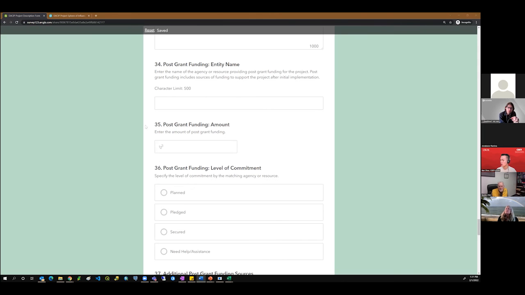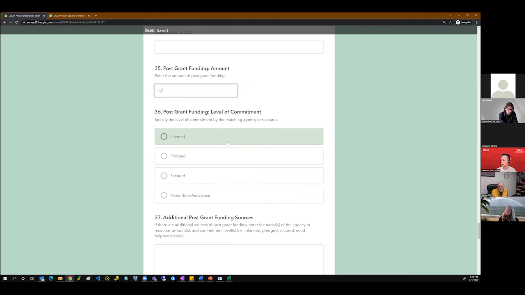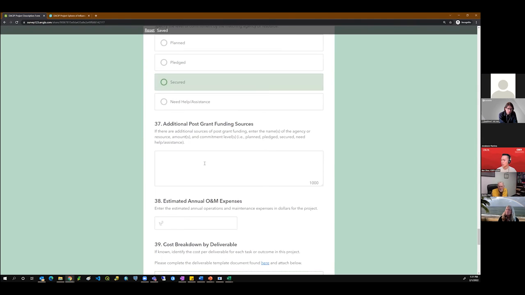So we'll be leaving these questions blank, but they follow the same structure as the matching resource question. So the name of the agency or resource, the amount of the funding, and then the level of commitment. And again, question 37, if you had more than one post-grant funding source, you would enter the additional sources in this box.